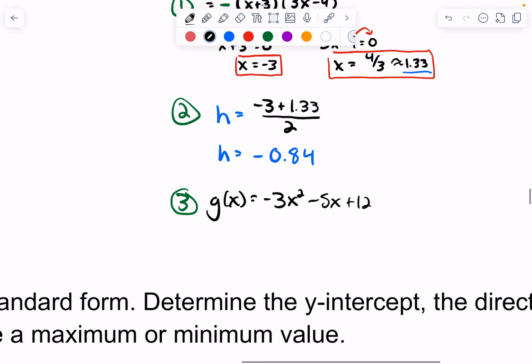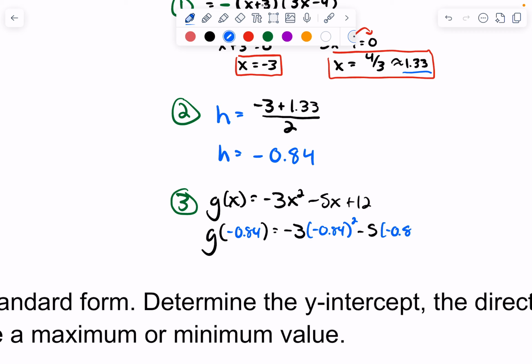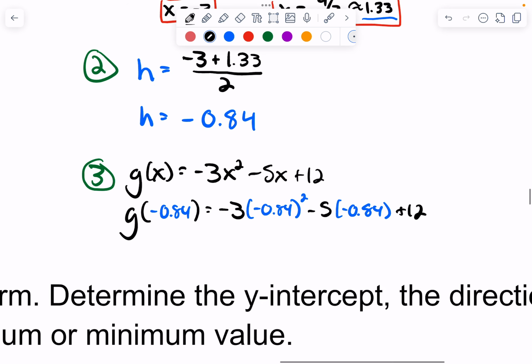So I'm evaluating this g when h is minus 0.84. So you'll get minus 3, negative 0.84 squared, minus 5, negative 0.84, plus 12. So use your calculator.